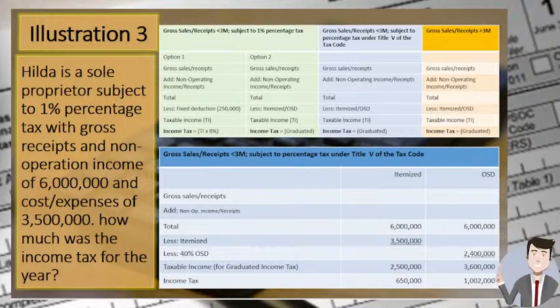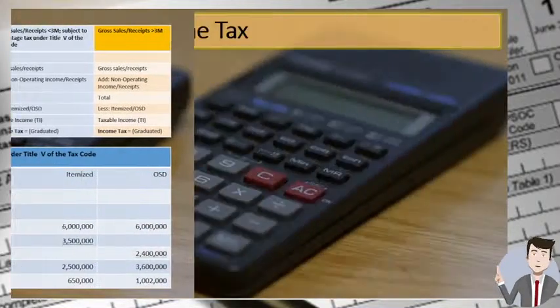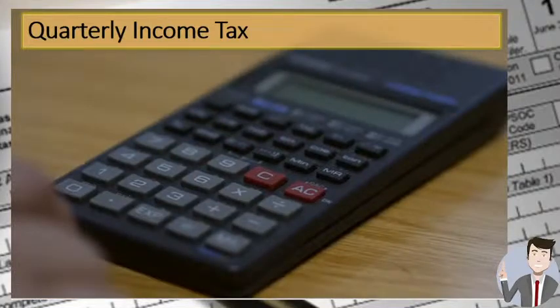Of course, for me, that is already half of my salary for the entire year, so that tax is very large. It depends on the taxpayer. Maybe Miss Hilda can pay it in one check, but not all taxpayers can. So that's why the law provides for quarterly filing of income tax and quarterly payment of course.